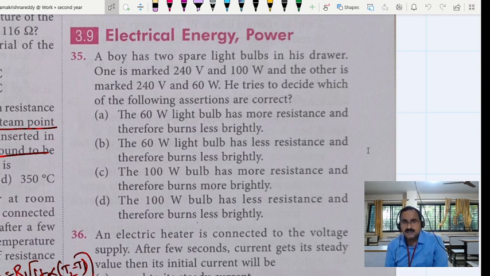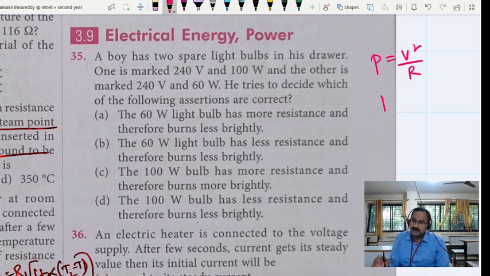The 60 watt bulb has more resistance and therefore burns less brightly; the 60 watt light bulb has less resistance and therefore burns less brightly, like that they have given. Already you know the general formula P is equal to V square by R. Nothing but P and R are inversely proportional only. So if resistance is less, then brightness will be more. According to that we are writing this.